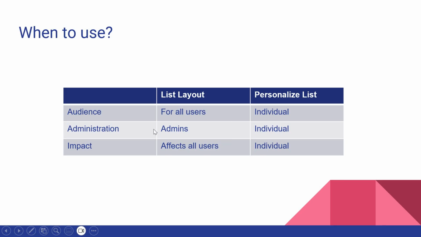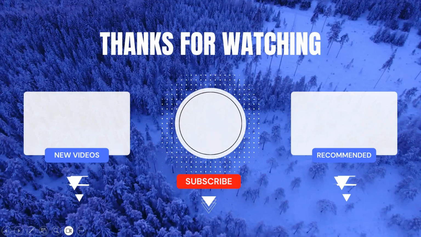List layout can be modified only by the ServiceNow admins, whereas personalized list can be done by an individual who has the rights to see that list view. Finally, we have impact. Changes made to list layout will affect all the users. However, if there are any changes which are made on personalized list view, it will be impacting only the current logged in user. I hope you have understood the difference between list layout and personalized list.